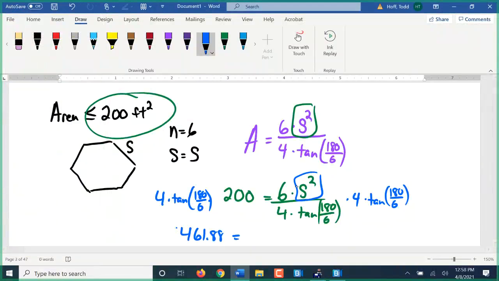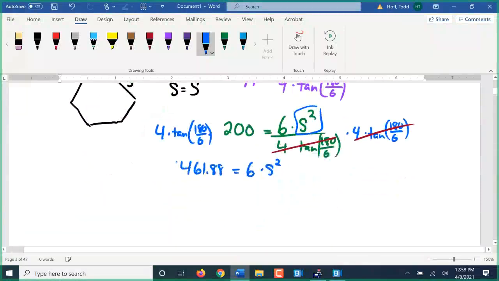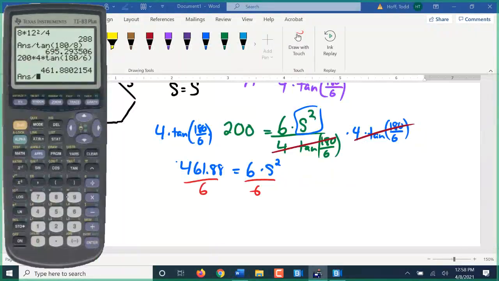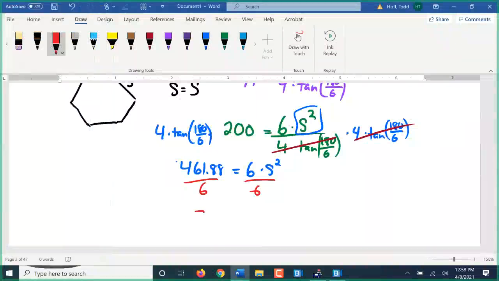So on the left side, we have canceled out this denominator. What we're left with is 6 times s squared. So I can divide by the 6. Notice I left that in my calculator so I didn't have to type it back in. Divided by 6, I get 76.98 equals s squared, because the 6 is canceled out.